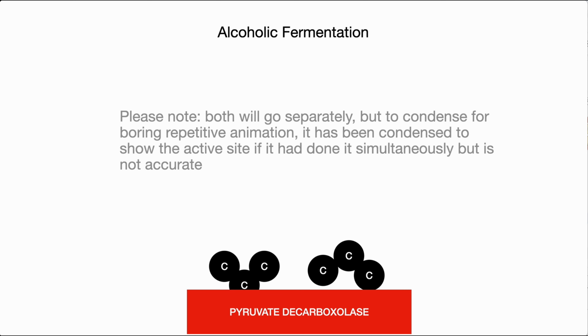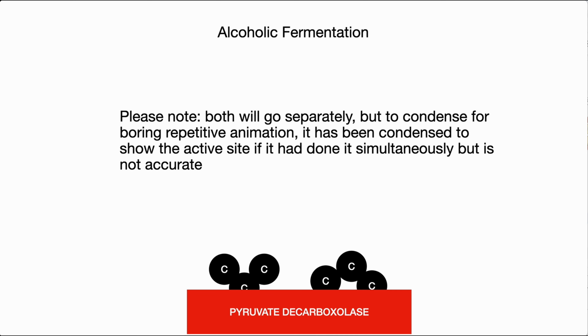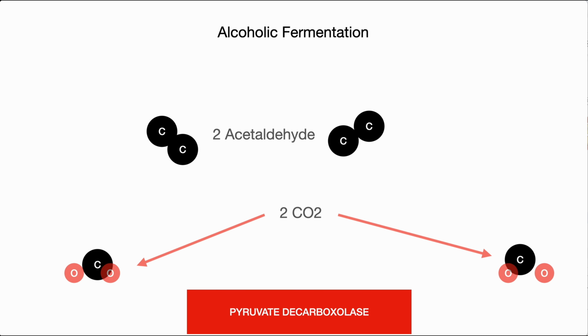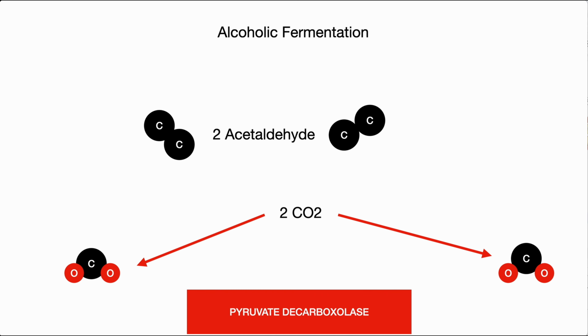Just note, for simplicity, I'm going to show that these are being broken down simultaneously, but they're not actually simultaneous. One will go in the active site, react, then the other one will come in. But just for simplicity, let's show it like this. And what's going to happen is we're going to break the carbons up, and we're going to get 2 CO2s.